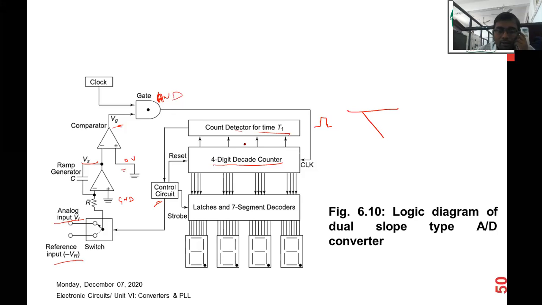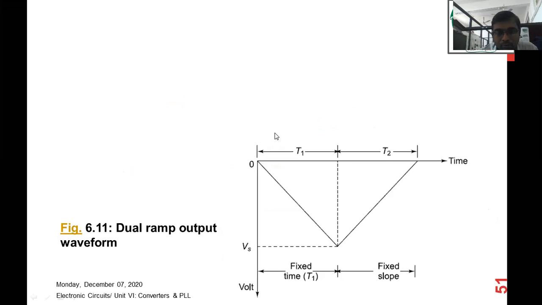The count detector detects the count, and this negative ramp proceeds for the time period T1, which is a fixed time period, as shown in the diagram.